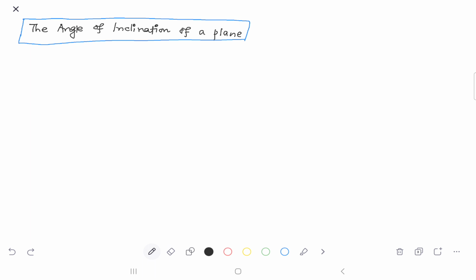So let's say you have a surface, of course a level surface we consider here. You consider the x-axis, y-axis, and z-axis. So this is x, this is y, this is z.